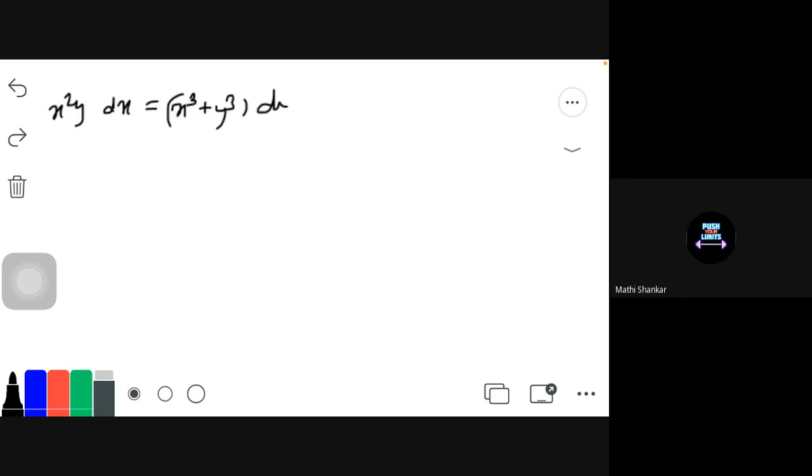Okay, so if you can see, I have already written this example. This is a homogeneous equation. So you will have to substitute the value for dy by dx. So the very first thing is find out the value of dy by dx. So dy by dx will become x square y upon x cube plus y cube.